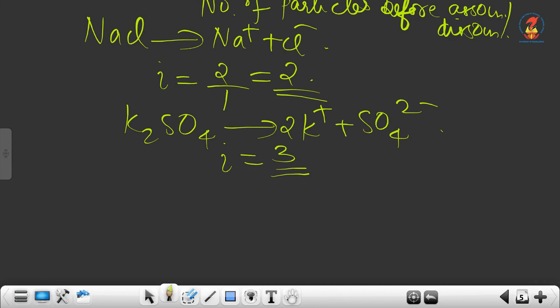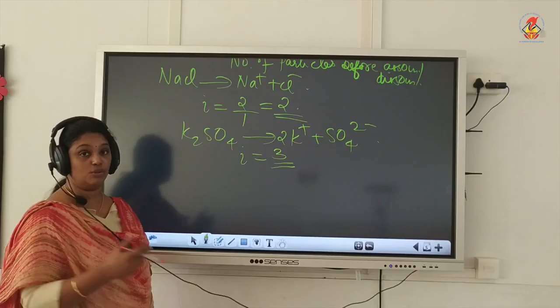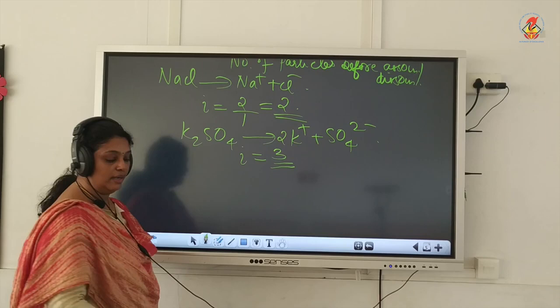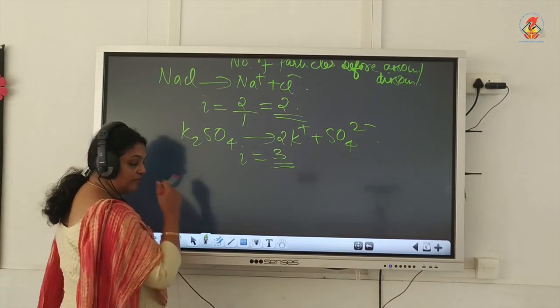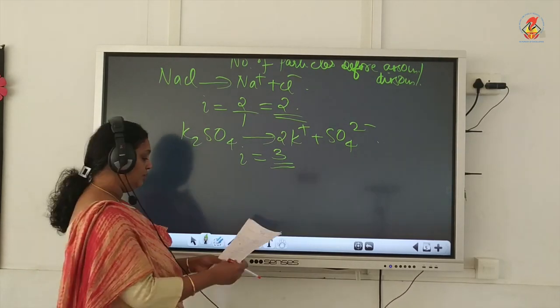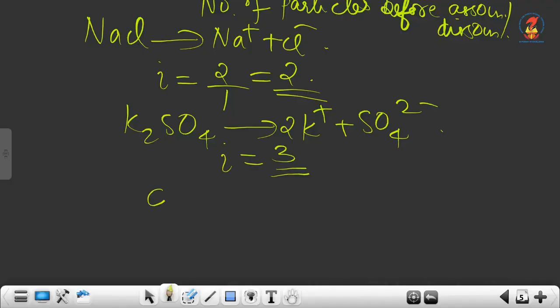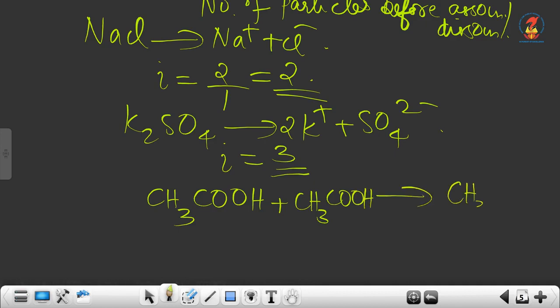Now look at acetic acid. Acetic acid will undergo association. So association means CH3COOH plus CH3COOH will undergo association to form (CH3COOH) twice.